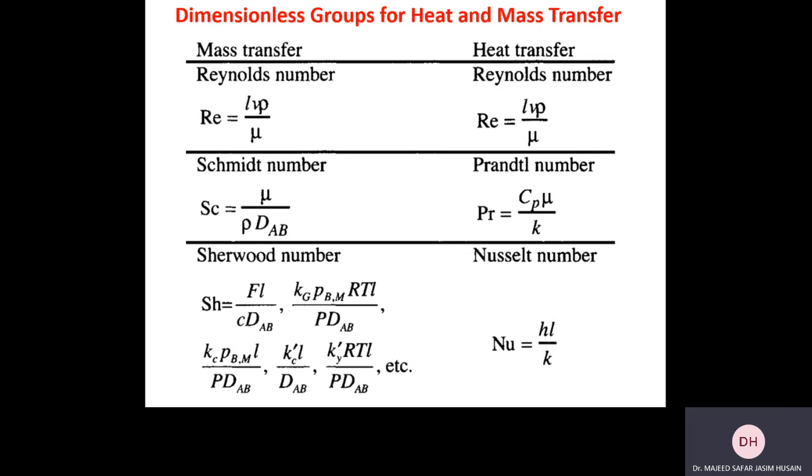So what are these dimensionless groups? This table shows you a summary for both of them. You can see heat transfer and mass transfer. The first dimensionless group, which you are very familiar with, is the Reynolds number. The Reynolds number for heat and mass transfer is the same.